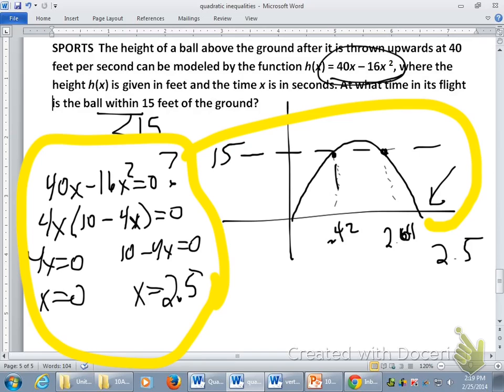Anytime greater than 0. Oops. It has to be greater than 0, right? Because I have to hit the ball. But then it has to be less than or equal to 0.42. That represents this part right here, right? Open circle here, closed circle here. Now what about that other part? What about over here?